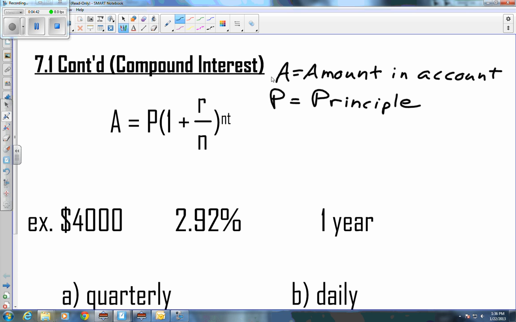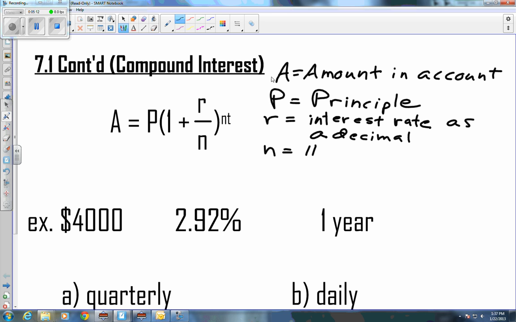Okay? And I got 1 plus r. r is the interest rate, as a decimal. n is the number of times it's compounded.